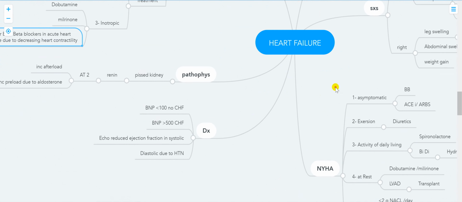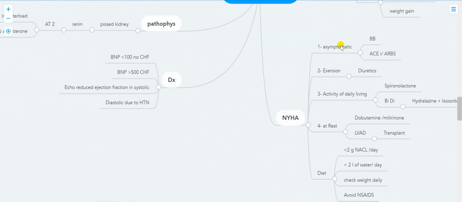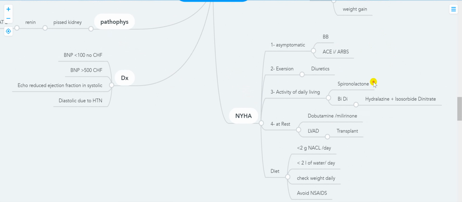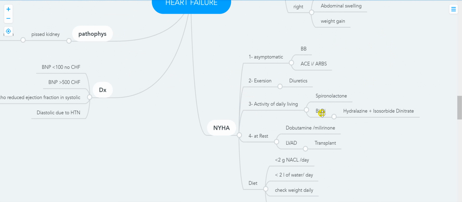In the outpatient setting, we base the management on severity. If asymptomatic, just having maybe signs or tiredness or some mild heart failure, give a beta blocker, ACE inhibitor, or ARB. If there's shortness of breath with exertion, you add diuretics. If it affects daily living, you add spironolactone, or you can do vasodilators, hydralazine plus isosorbide dinitrate.